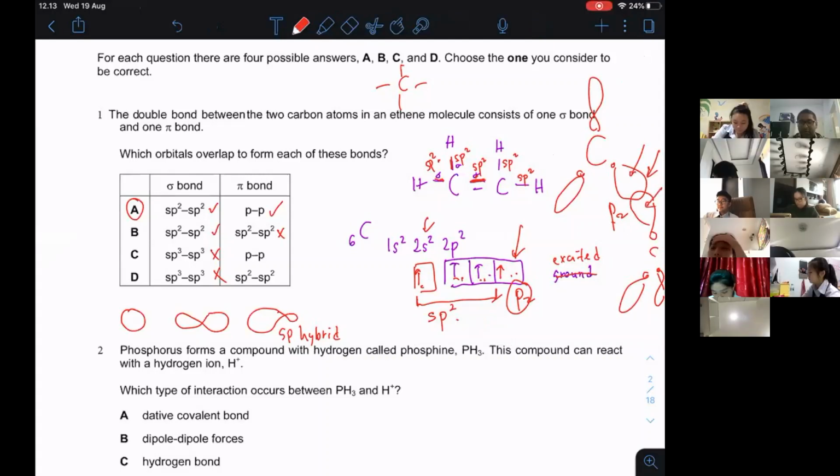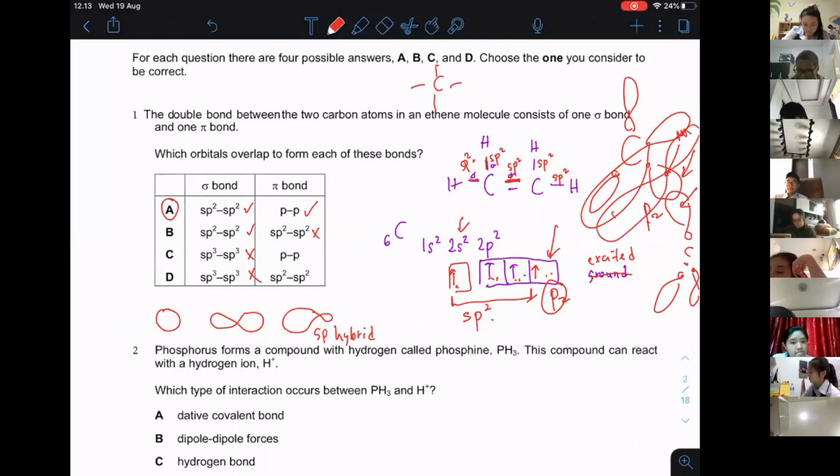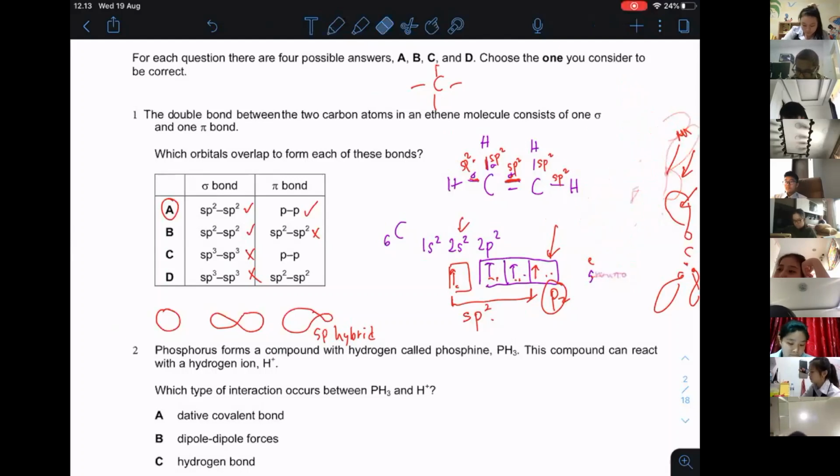What actually overlaps for the pi is pz. Imagine this overlapping like this. This is the pi bonding, P and P. Anyway, the answer is A.